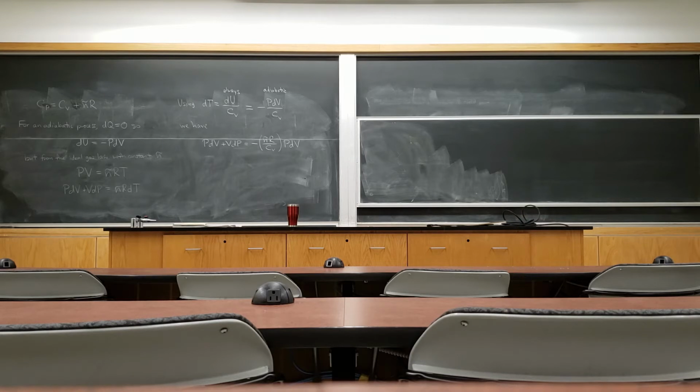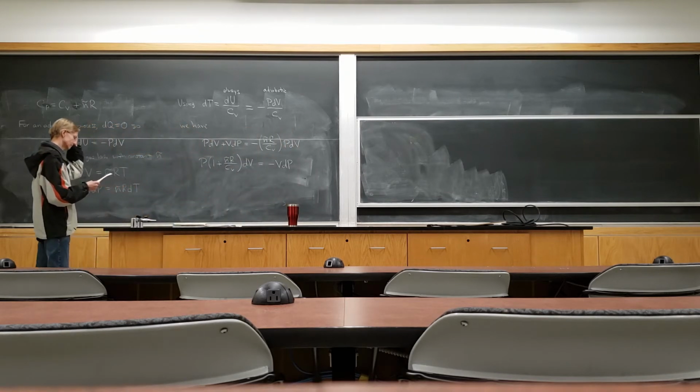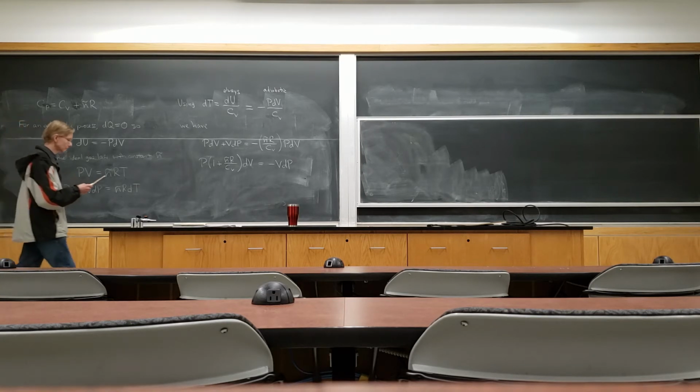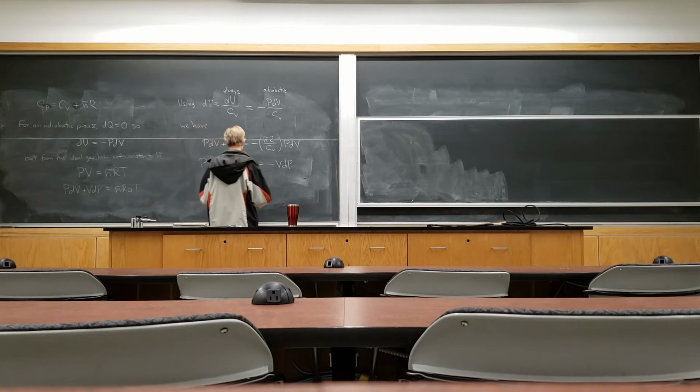So now we can bring the PdVs together on one side and put the VdP on the other side. So P times the quantity 1 plus n tilde R over Cv times dV is minus V dP. So let's rewrite that as a separable differential equation.